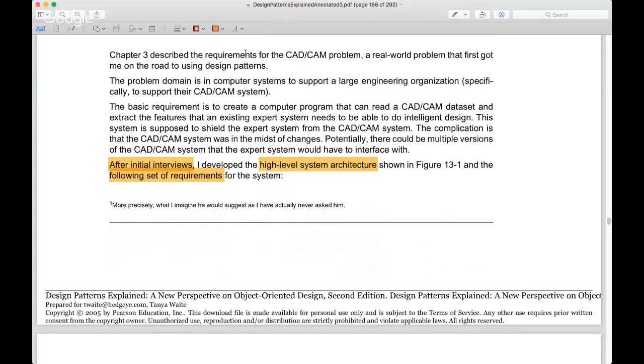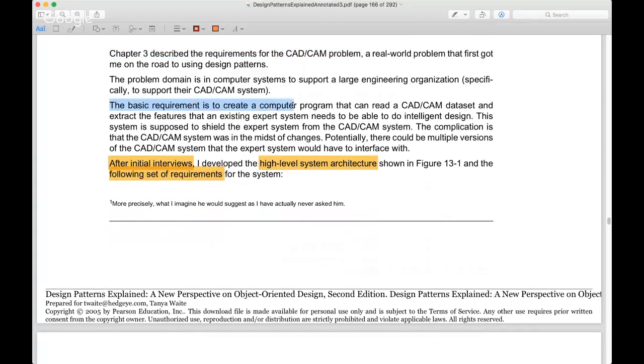Okay, so chapter 3, define the requirements for the CAD-CAM problem. And what he's basically got is an application that's going to interface a large engineering organization to support their CAD-CAM system. The basic requirement is to create this program that can read a CAD-CAM data set and extract the features that the existing expert system needs to have processed.